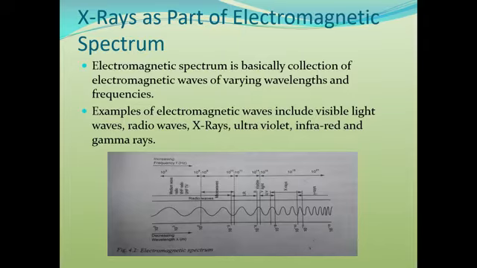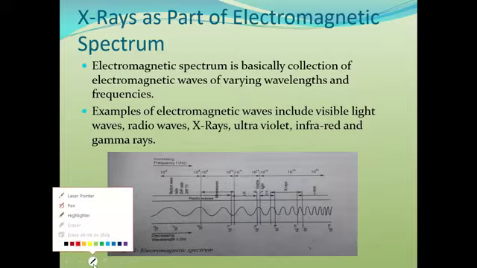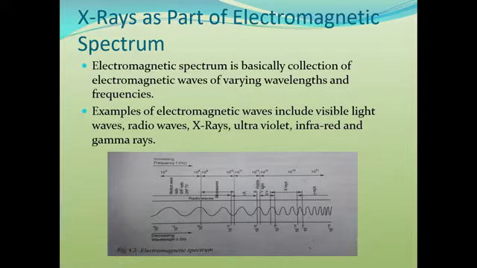If I bring you to this chart, it gives us an upper hand on where X-rays are found. This is the chart of the electromagnetic spectrum. We have radio waves, microwaves, infrared, visible light, ultraviolet rays, X-rays, and finally gamma rays.